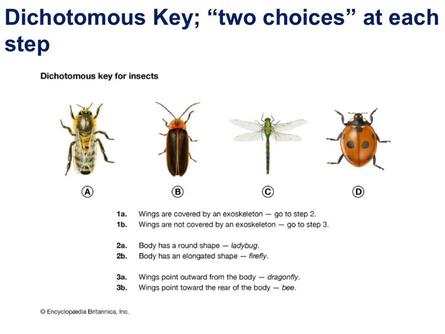Not covered, so we go to 3 as instructed. Wings point outward from the body, or wings point toward the rear of the body. The wings point outward, so our organism is a dragonfly. Note, in constructing keys, avoid using vague terms such as large, small, dark, light, etc.